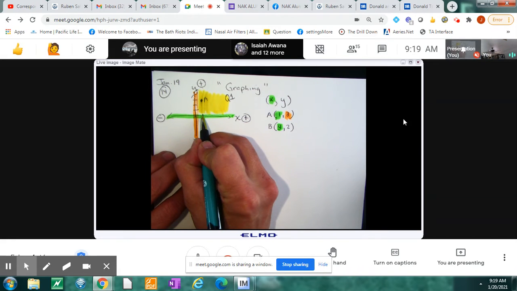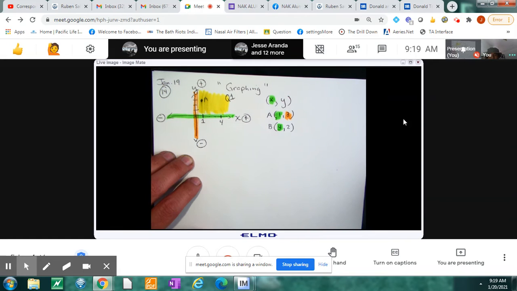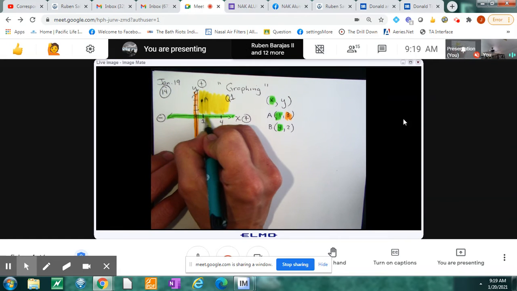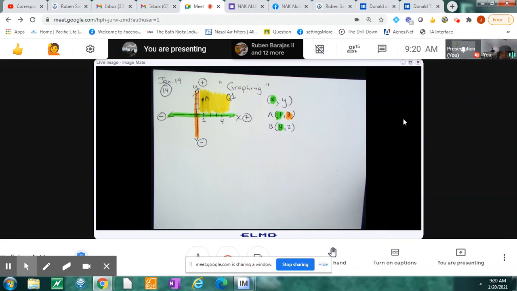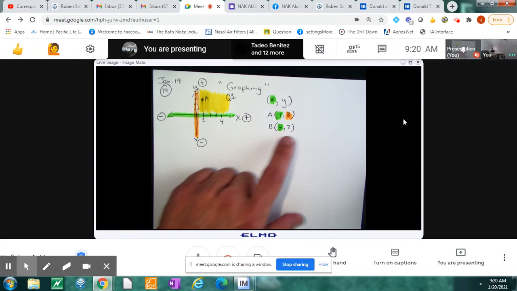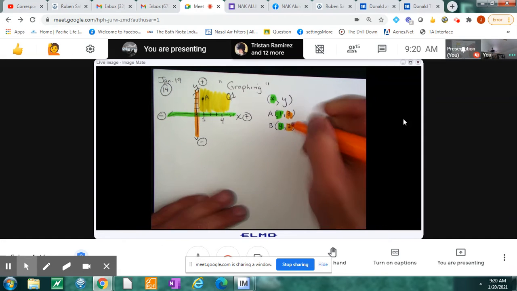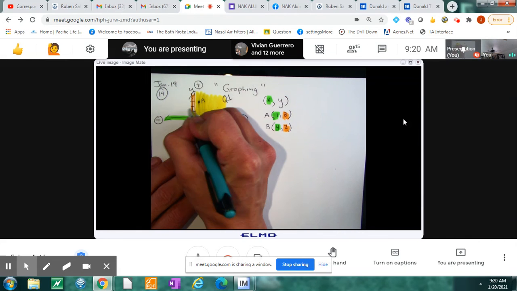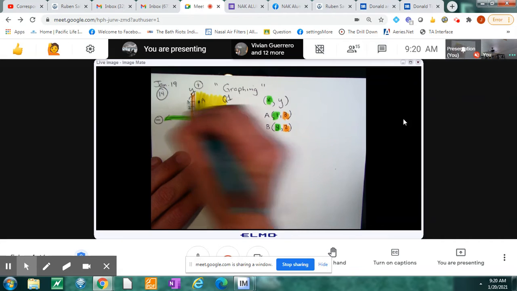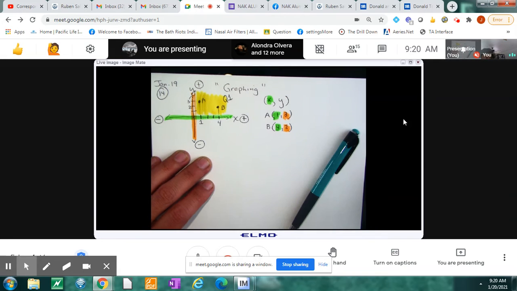So we go 1, 2, 3, 4, more or less. It has to be the same distance. And then Y is your orange, so it goes up or down. That's going to be positive 2: 1, 2. There's your 2, there's your 3. A straight line right there. So that is your B.